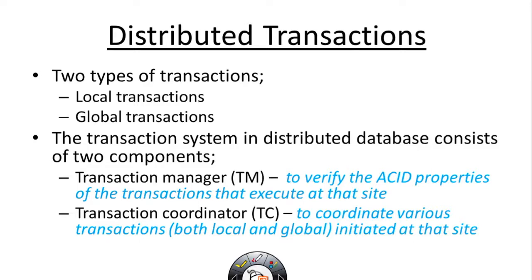So it has to look for the data somewhere else, and figure out where exactly the data is stored. Now the responsibility of the server is to forward this request to the concerned server to get the data and give it to the end user who raised the request. This kind of request is called a global transaction.